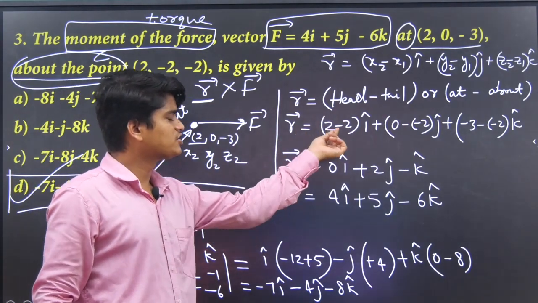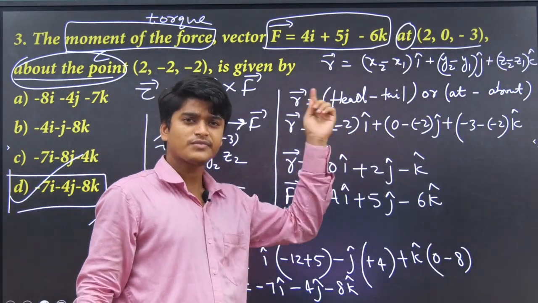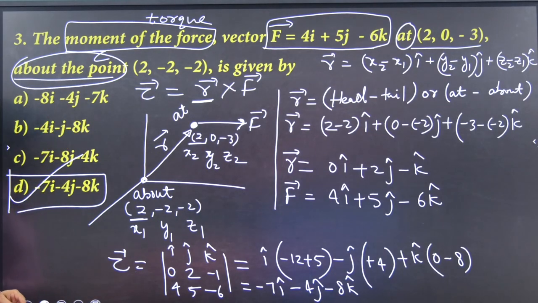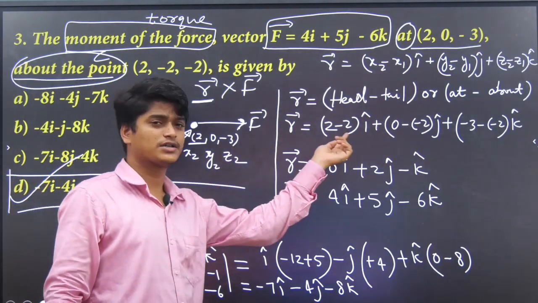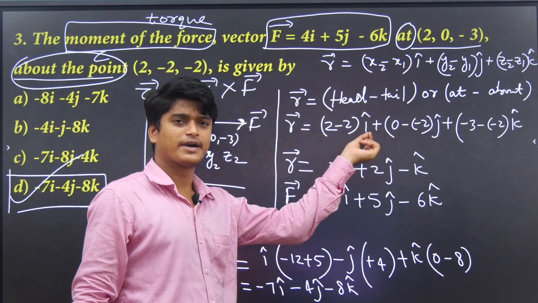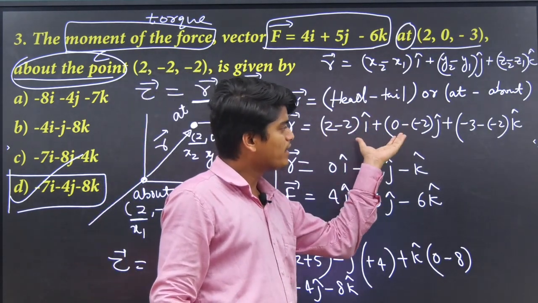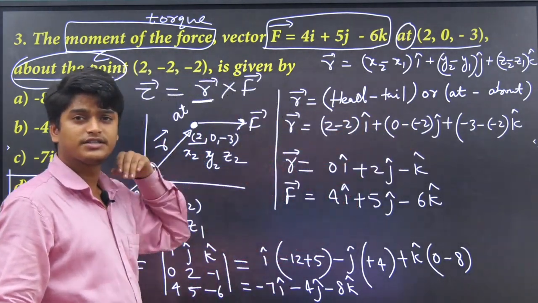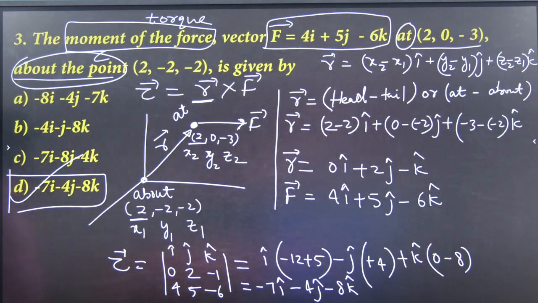And when I coefficient subtracting, you have to keep unit vector I cap. When x coordinate you are subtracting, you have to keep I cap. When subtracting y coordinate, you have to keep j cap. When subtracting z coordinate, you have to keep k cap. I hope you understand.